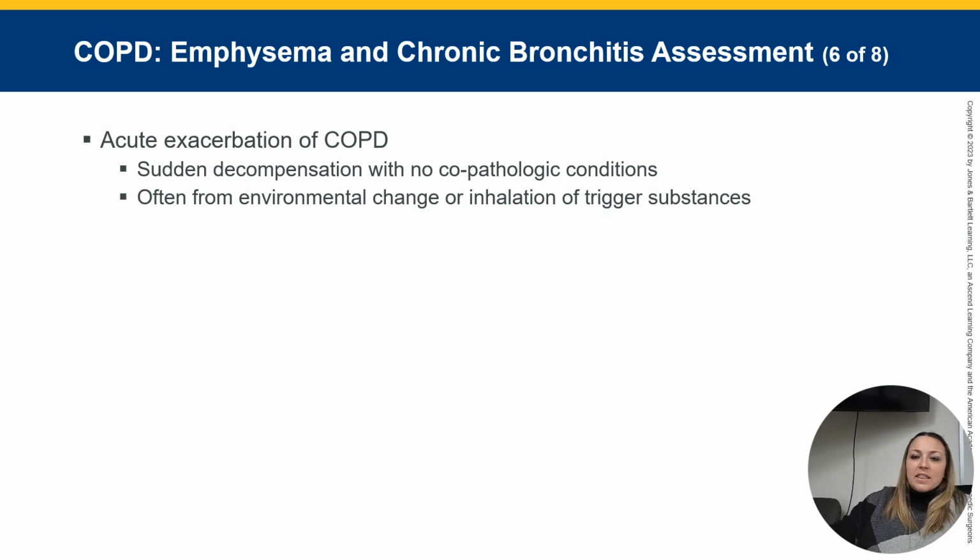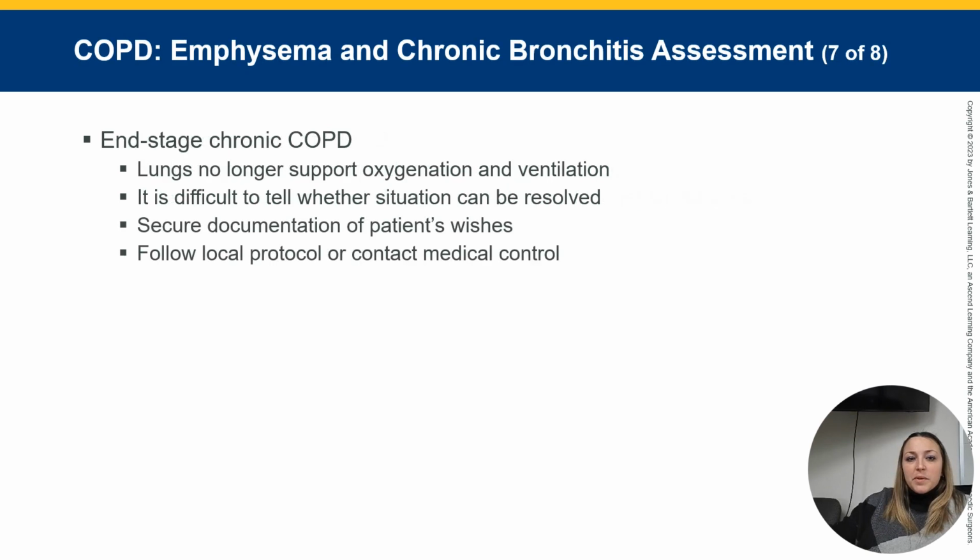That environmental change could be that today it's 90 degrees and humid, where yesterday it was 70 degrees and sunny and comfortable. That sudden change can trigger it, or it can be triggered by an inhalation of a substance. So maybe they got too close to the magnolia tree and that's their trigger, whatever it is. Just knowing how to deal with it is important.